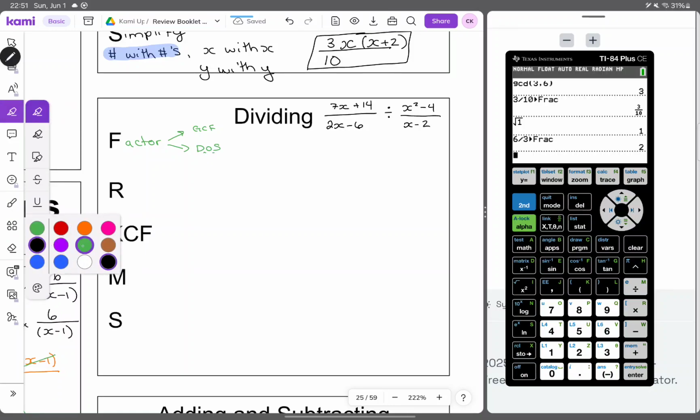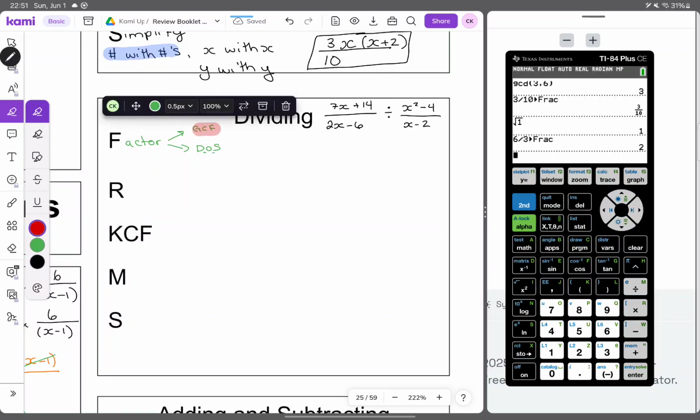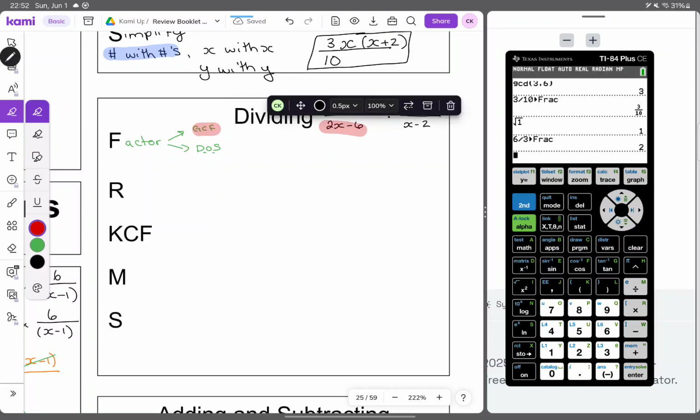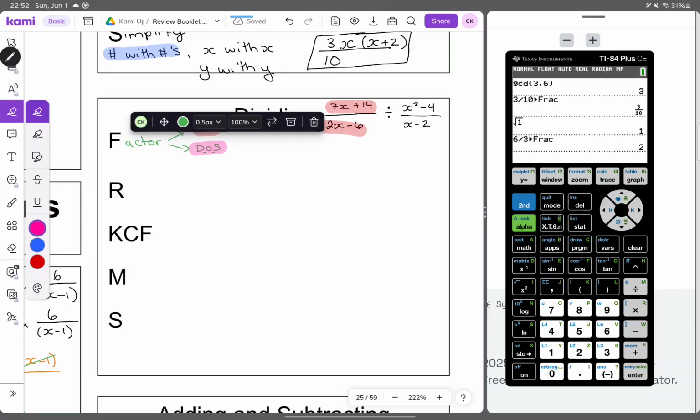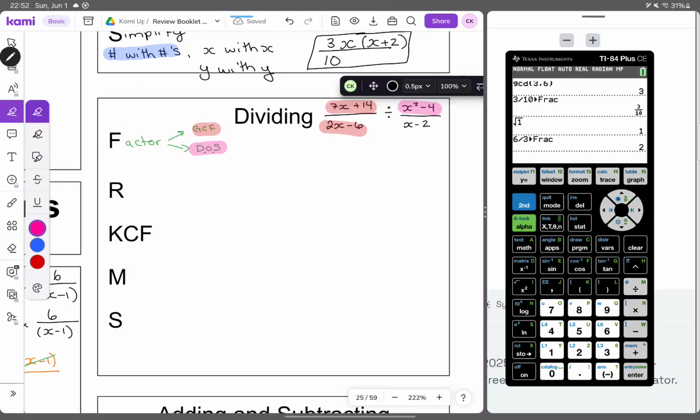So if I wanted to do greatest common factor, I'm looking here and here. Both of these have a greatest common factor that we can pull out. If I'm doing difference of squares, I'm looking here because x squared is perfect and 4 is perfect.